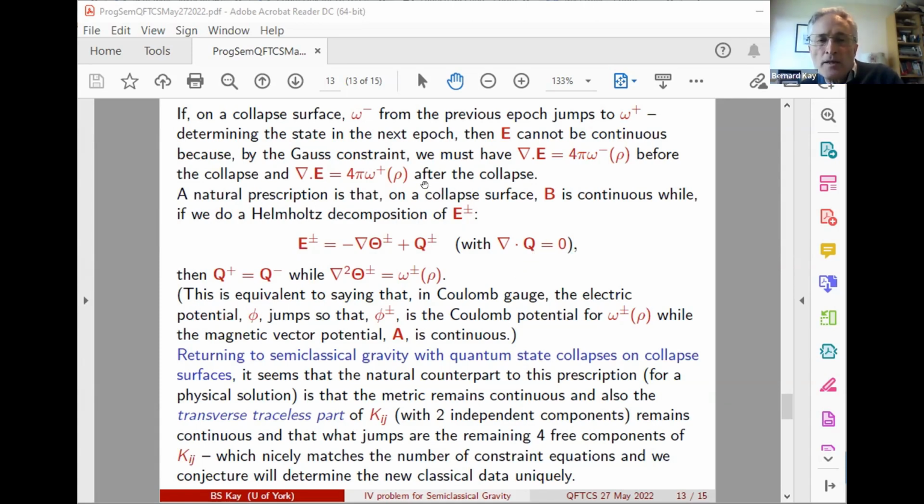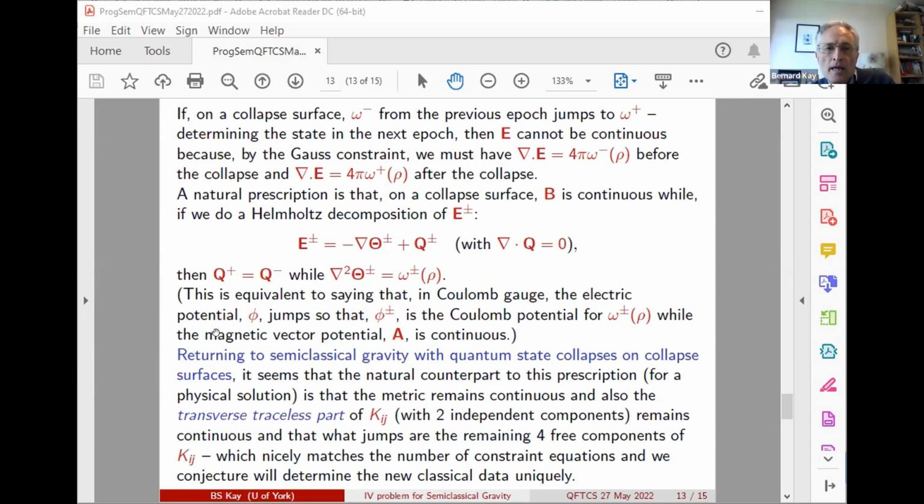So the natural prescription is that q plus is q minus, while the scalar part satisfies Poisson's equation with omega plus or minus of rho. Okay, so that has to jump.